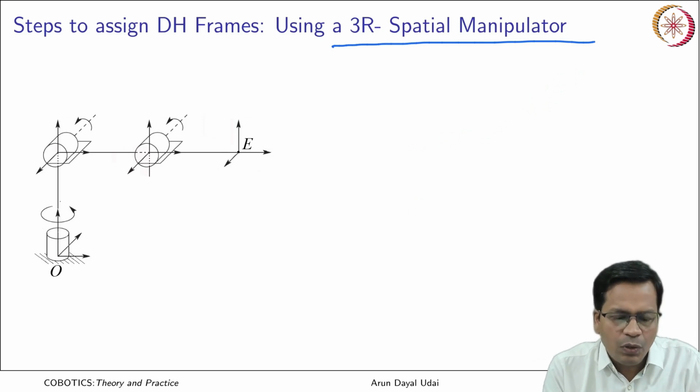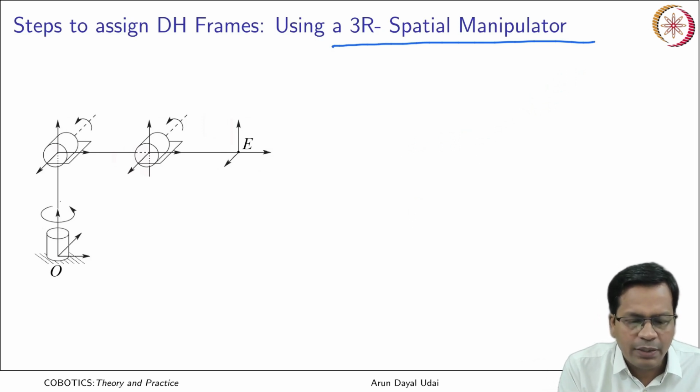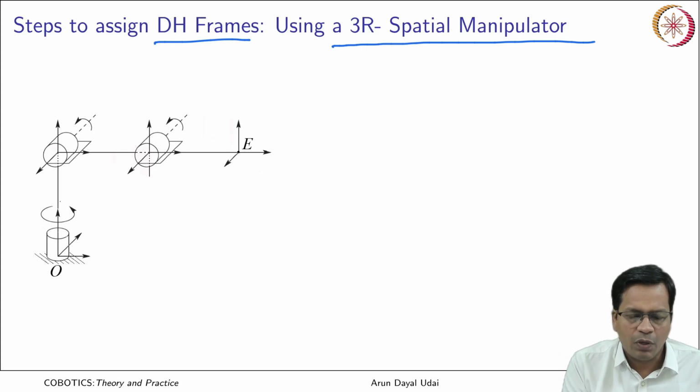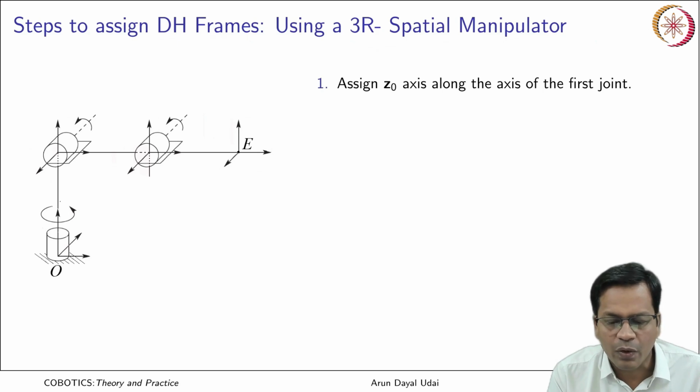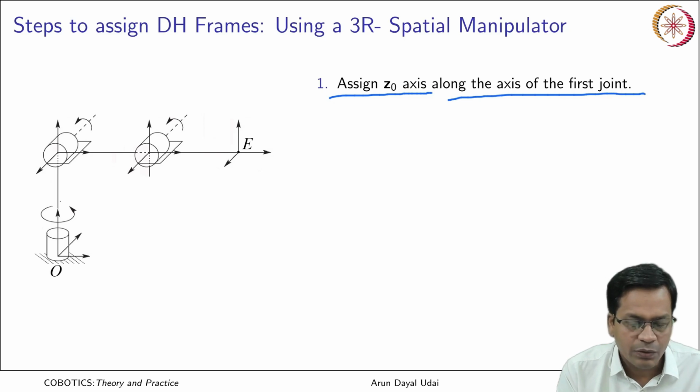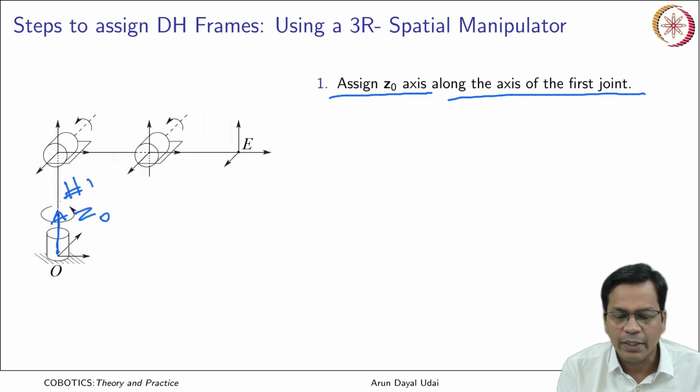So let us do the DH frames first. We will put all the DH frames here. Starting from here, assign Z0 along the axis of the first joint. This is Z0, about which link 1 will move.